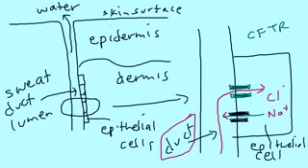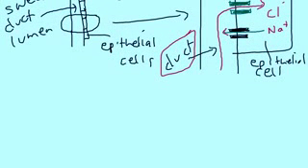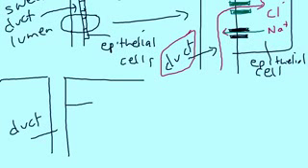So sodium comes out, chloride goes back into the cell. Great. Now, what happens in cystic fibrosis? Well, in cystic fibrosis, I'll draw the same diagram. This is the duct, and we'll just draw one cell, one epithelial cell.